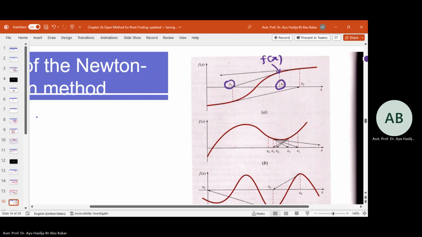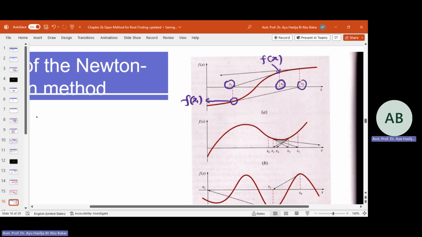So f(x1) will be the one touching the line, the equation. This is your f(x1). To find the x2 point using f(x1) and also the slope, you'll get to this.